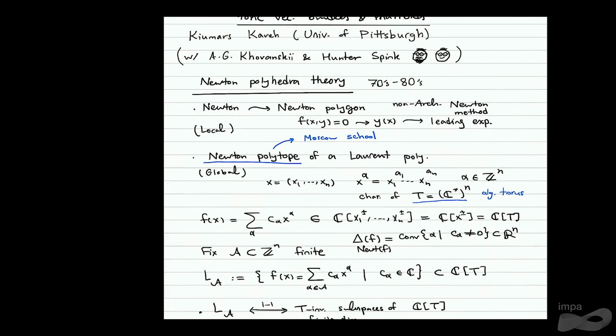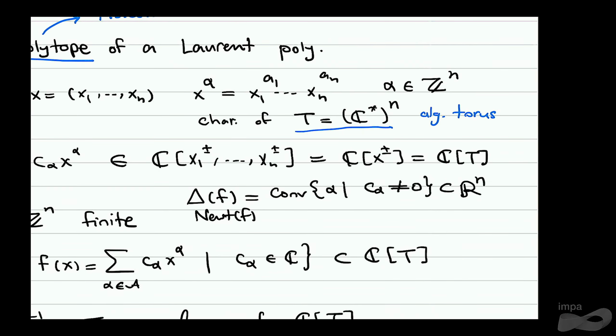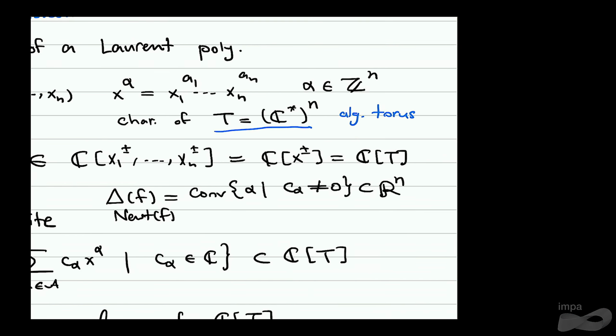And then the Newton polytope, Newt f or delta f, I usually like to write delta f, is the convex hull of the exponents that appear with non-zero coefficient, and it's some polytope in Rn with lattice or integer vertices, obviously.